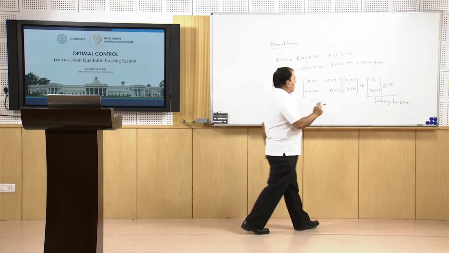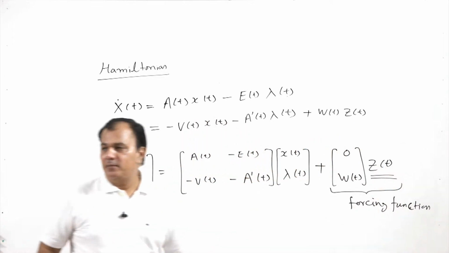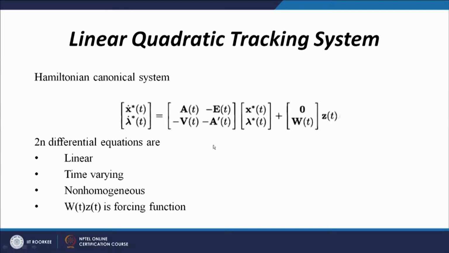So, z t will be nothing but my desired input, and for x we will have n equations, lambda dot again giving me n differential equations. So, I have a total of 2n differential equations, and these differential equations are linear in nature, time varying, non homogeneous, and this last term is nothing but representing my forcing function.